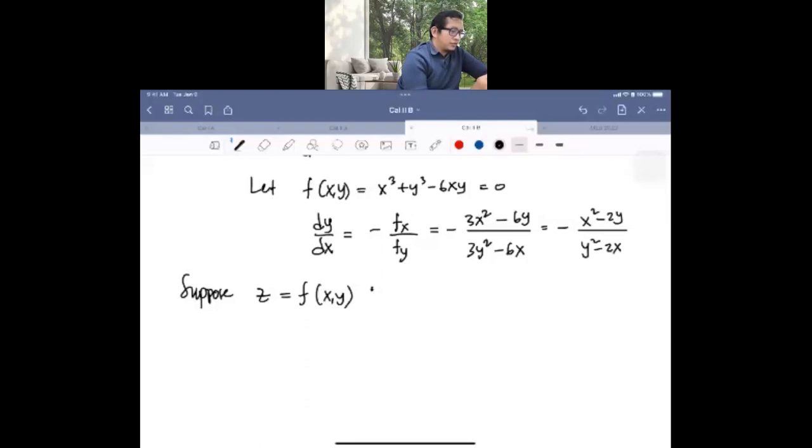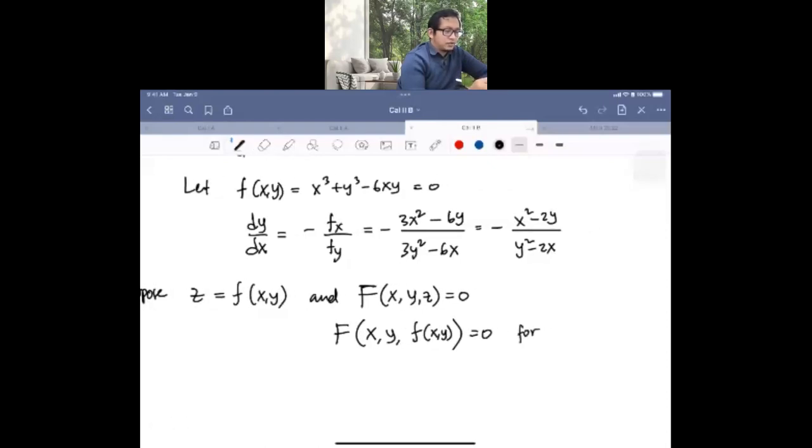And then we have the form of another function that has x, y, z equals 0. Which means this F of x, y, and then function of x, y equals 0 for all x, y in the domain of the function f.